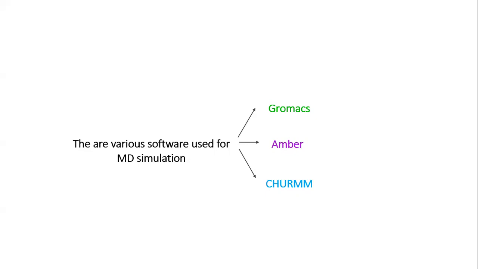The first thing that you need to think about when you decide to start an MD simulation is which software would be the best for your purpose. For example, each software has a specific force field, which I will go through later. For example, GROMOS supports its own force field, and Amber also has a specific force field, and so does CHARMM.